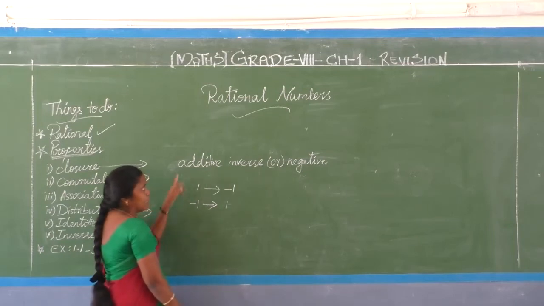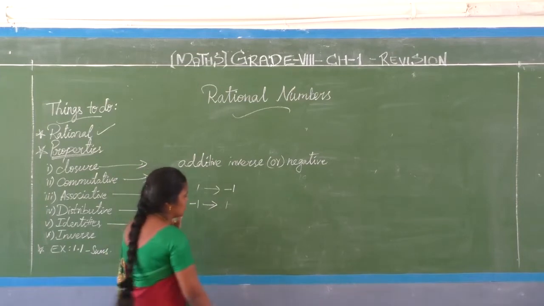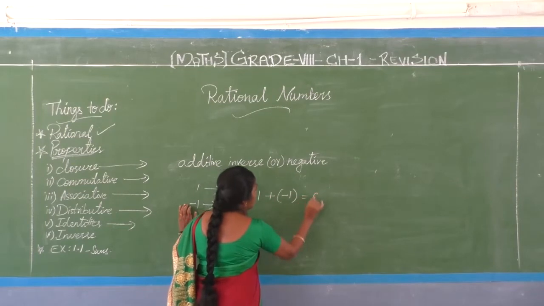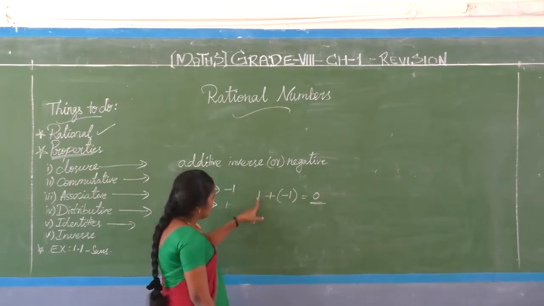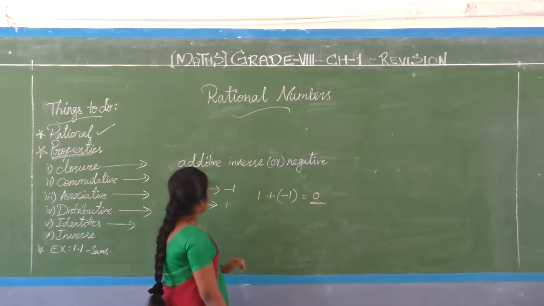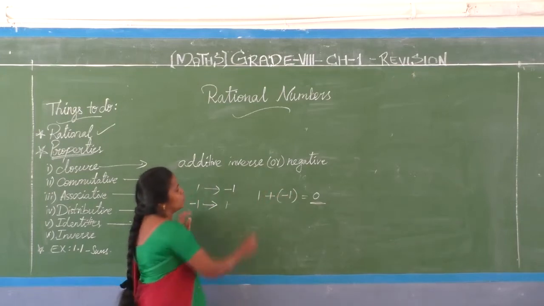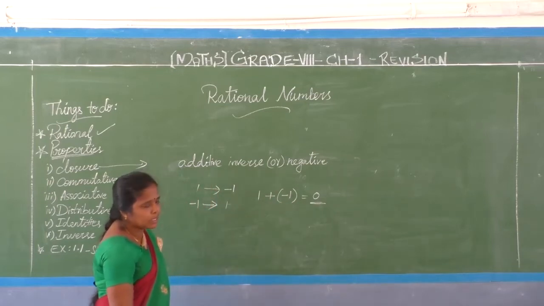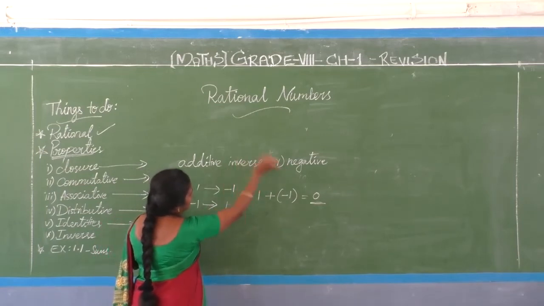Related to additive inverse, there is one important result: the sum of any rational number and its additive inverse is always 0. So if you add 1 and minus 1, we are getting 0. So 1 and minus 1 are additive inverses of each other. Clear?